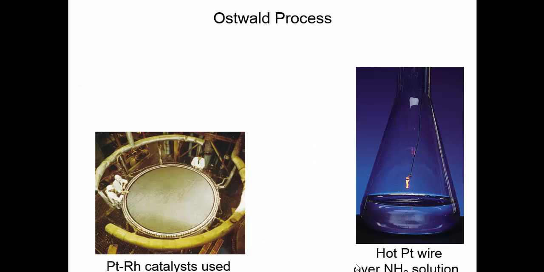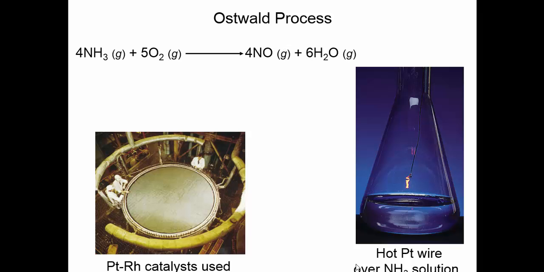The Ostwald process involves a surface that allows for the binding of the necessary material to make nitric acid. In this case, you take ammonia, NH3, with oxygen, and it goes to nitrogen monoxide with water. That's the platinum catalyst.